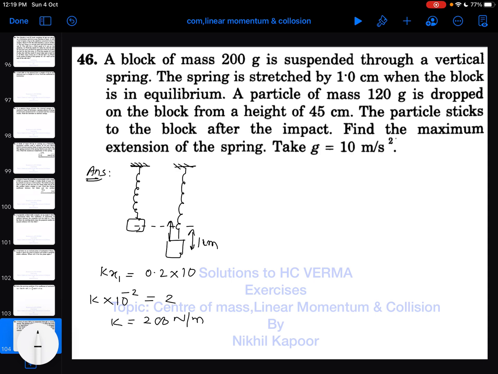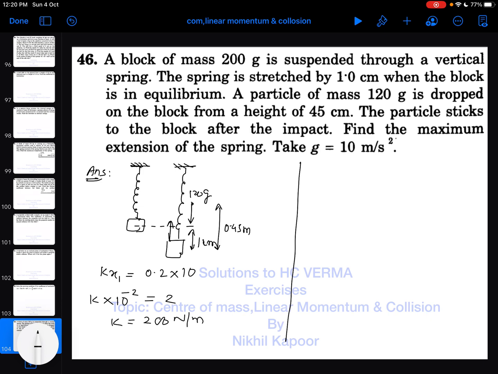Now a particle of mass 120 gram is dropped. So this is the particle which is being dropped, 120 gram, from a height of 45 centimeter, that is 0.45 meter, above the block. Obviously, the collision will happen between the block and this particle.